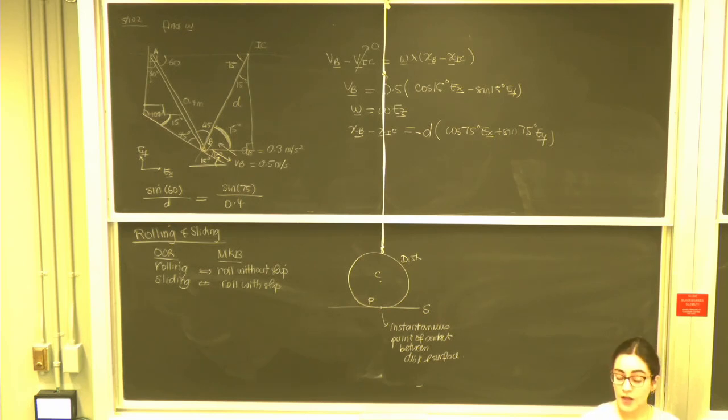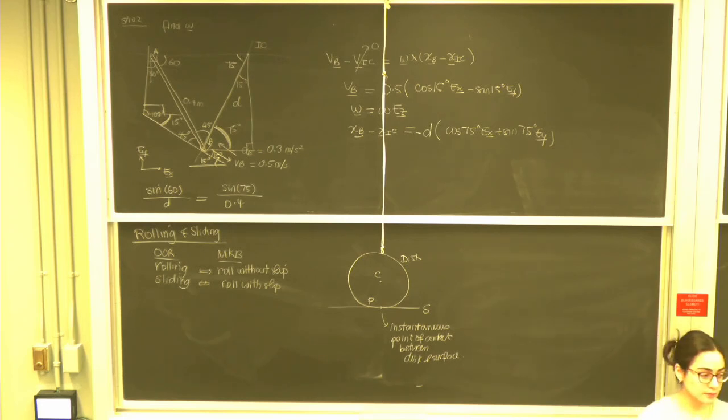Okay, so we have a disk that's on a surface. I'm going to call the center of mass of the disk C, and point P is the point that is instantaneously in contact with the surface.